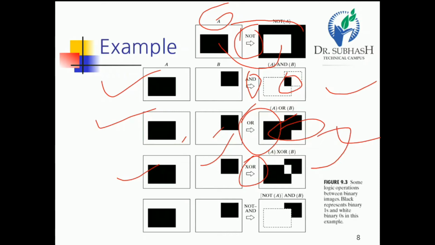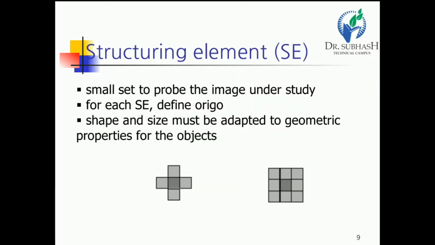Then find NOT and AND gates, right? So NOT A and B. First we find the complement of image A, and then perform the AND operation. So we get this NOT and AND combined operation.